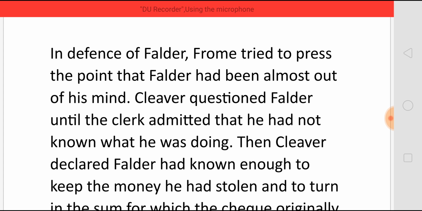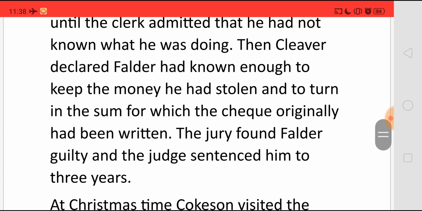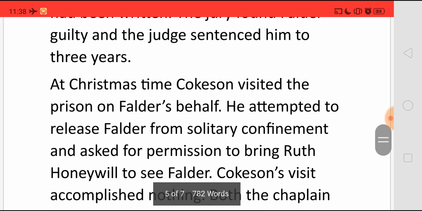He says that he knew what he was doing because he knew how to change the check, encash the amount, and then he had also changed the ledger. So definitely he was in a good state of mind and he knew what he was doing, and therefore the jury also finds Falder guilty, and the judge sentences him to 3 years imprisonment.